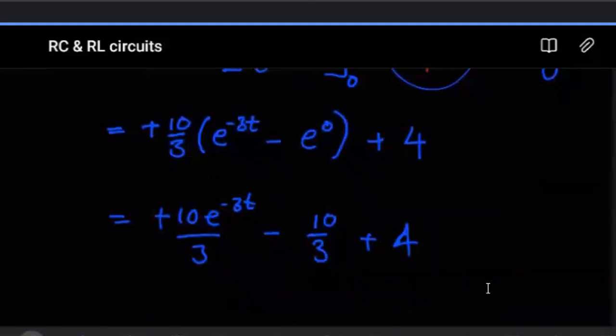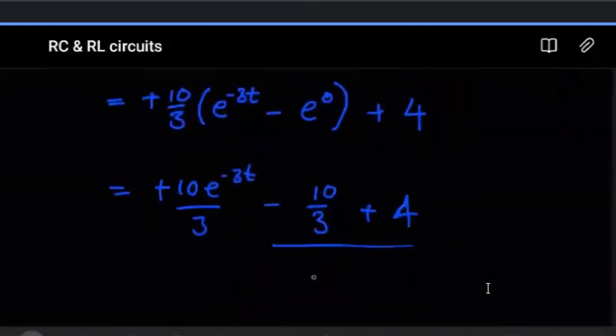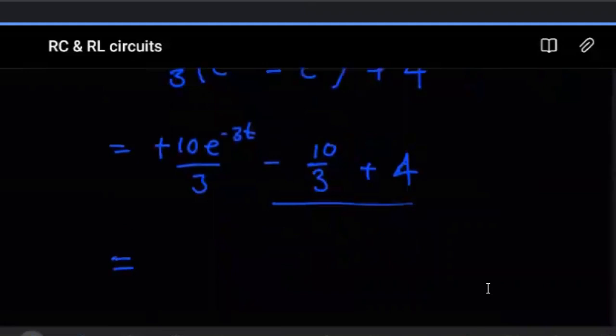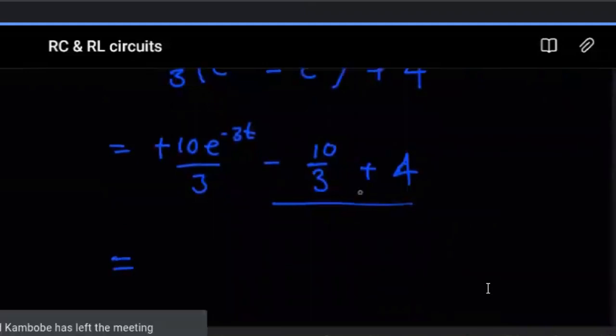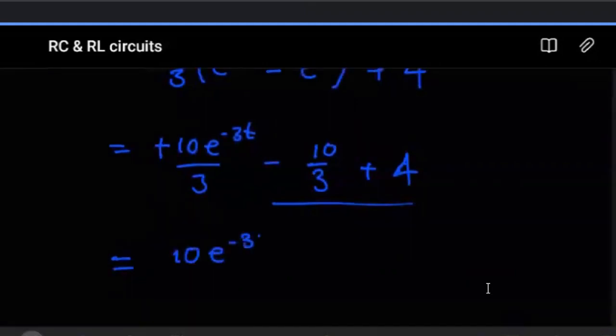So just combine these two. Those are like terms, so you can add them up. And then this is over 3. So you have minus, I can write this actually as +4 if you don't want that minus to confuse you. Then this is over 3.